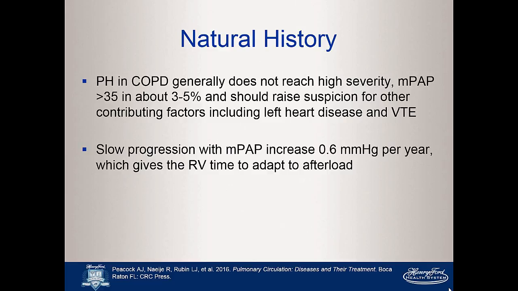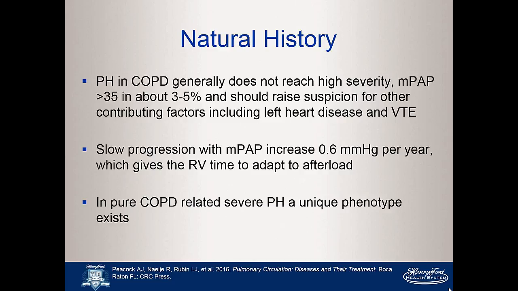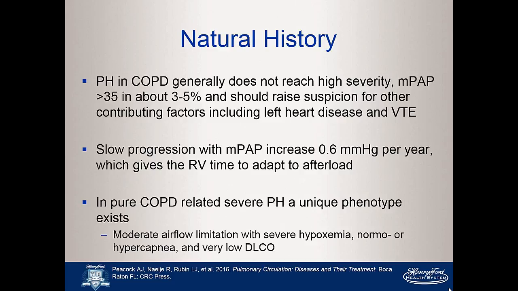Pulmonary hypertension does progress slowly in these patients, usually by about 0.6 millimeters of mercury per year in the mean PA pressure, and that gives some time for the RV to adapt to this afterload. In pure COPD-related PH, again, the 1%, we talked about the unique phenotype that exists. Those patients, again, have moderate airflow limitation with hypoxemia, possibly normo or hypocapnia, sorry, that's an error there, and very low DLCO.